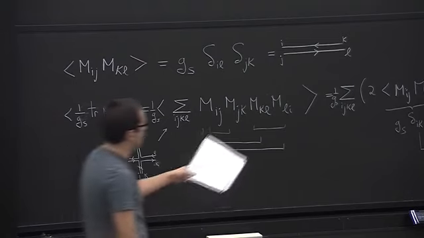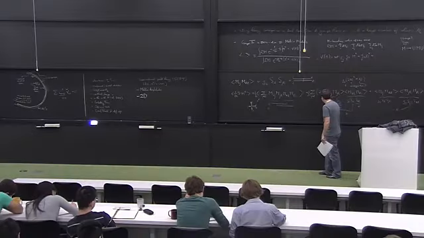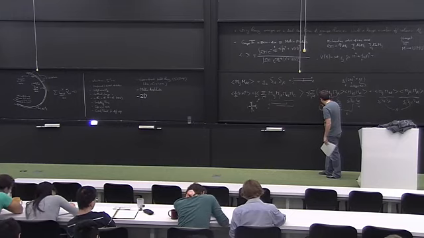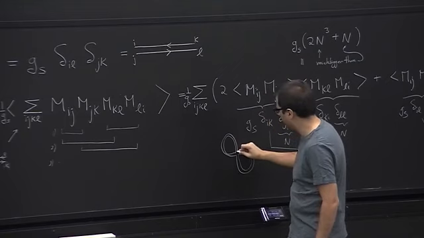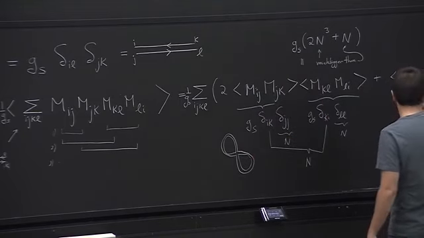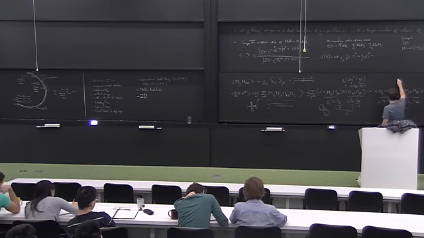And how do these contractions look? So this one, we contract two neighbors. So this graph is something like this. So this is just some infinity symbol. Whereas this graph here, we don't contract neighbors, we contract next to neighbors.